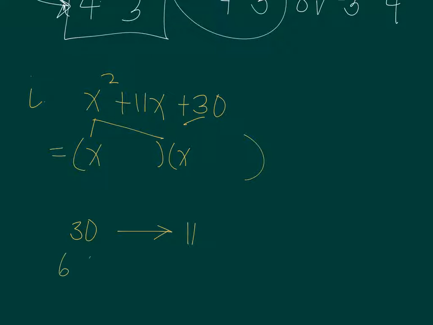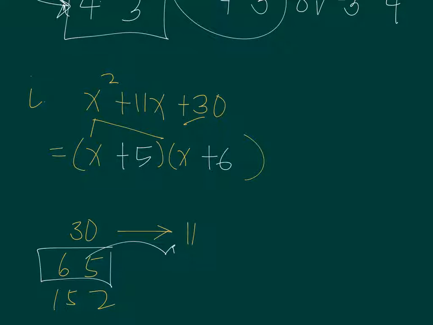So we can think of 6 and 5, 15 and 2, and then 10 and 3. But here, you could already see that 6 and 5 is the right combination because 6 plus 5, the sum, will be equal to 11. So the factored form of x squared plus 11x plus 30 is simply x plus 5 and x plus 6, or you can interchange that as x plus 6 times x plus 5. So any of the two is correct.